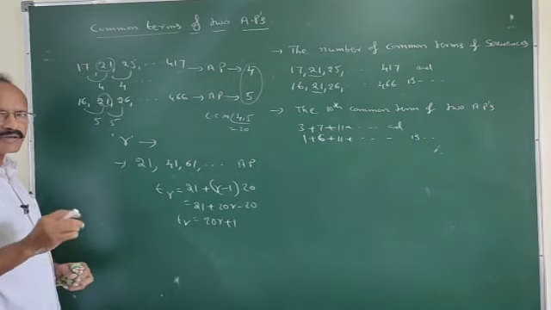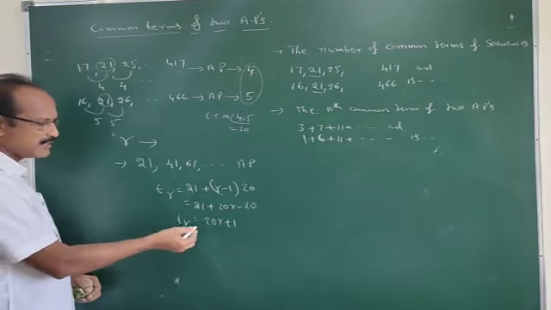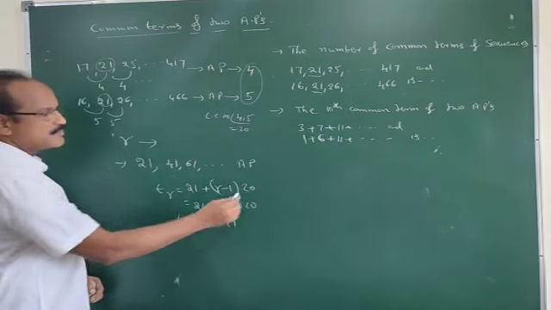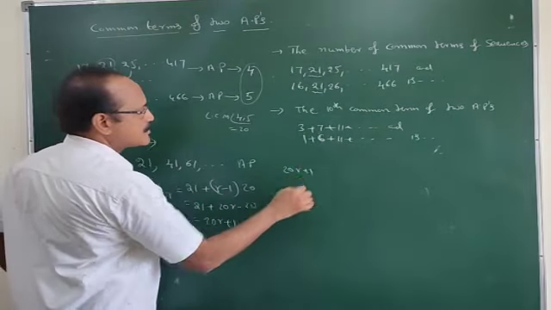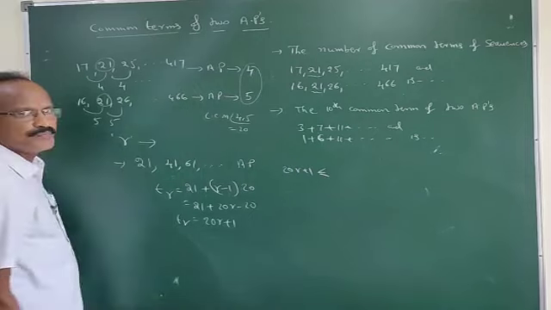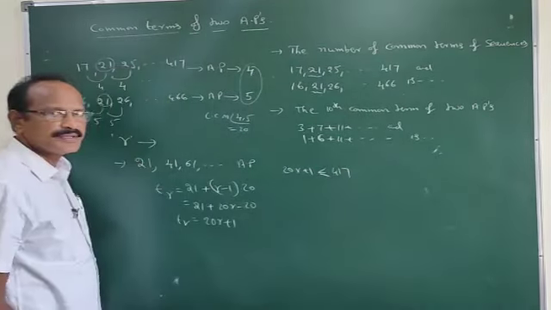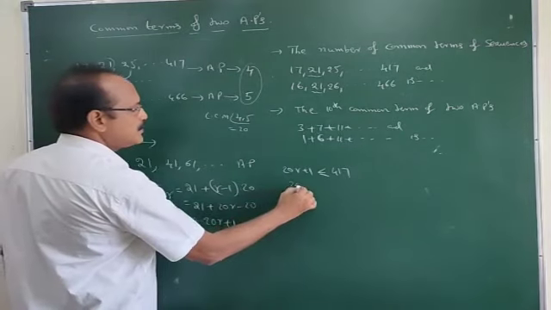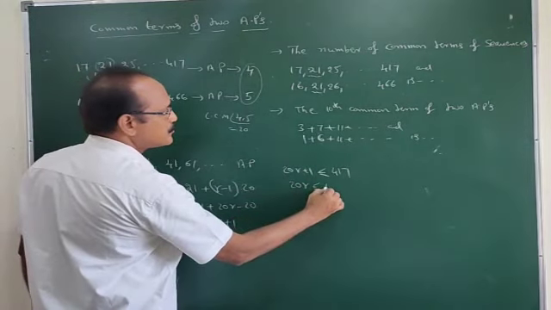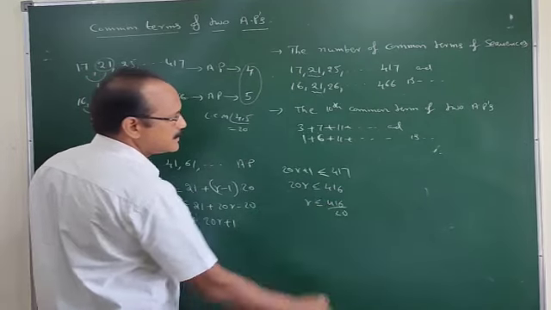Because our required term should be common to both series, that's why we are equating this. The term 20R plus 1 should be less than or equal to the lesser of these two, that is 417. Now 20R is less than or equal to 416, or R is less than or equal to 416 by 20.